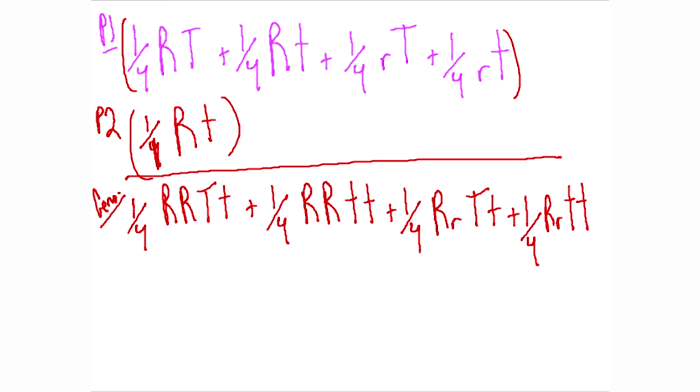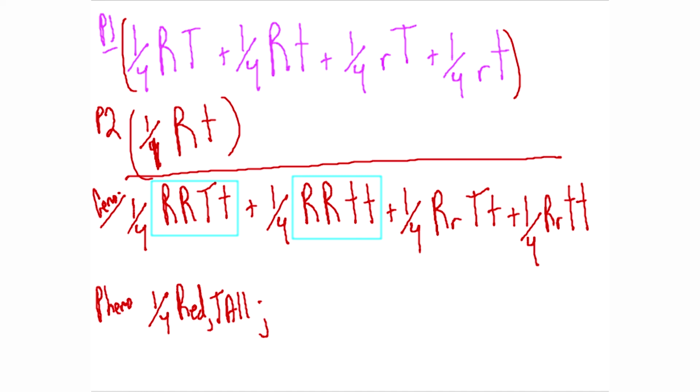You're also asked for the phenotypic ratio. This individual, this set of individuals rather, big R, big T, little t, is going to be red and tall. This set here is going to be red and short.